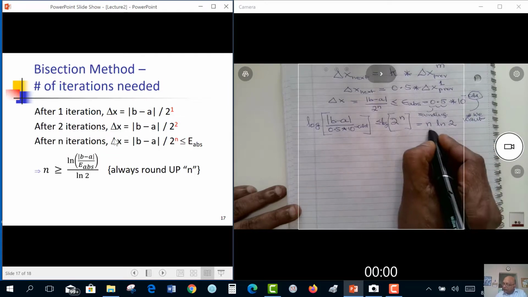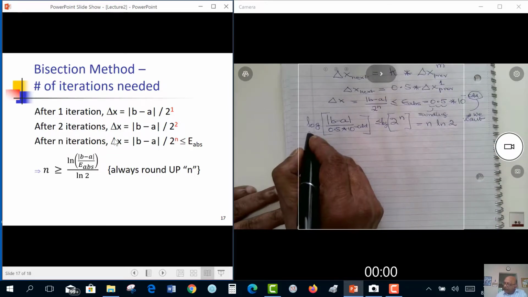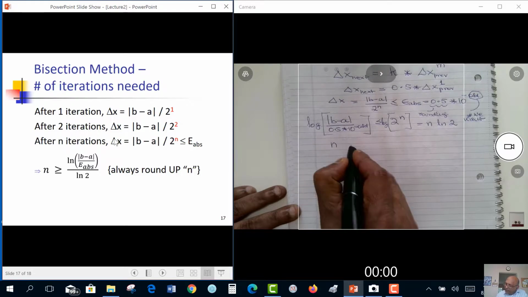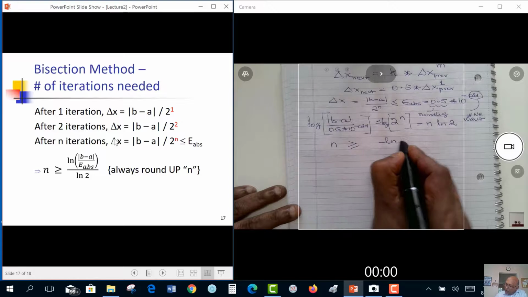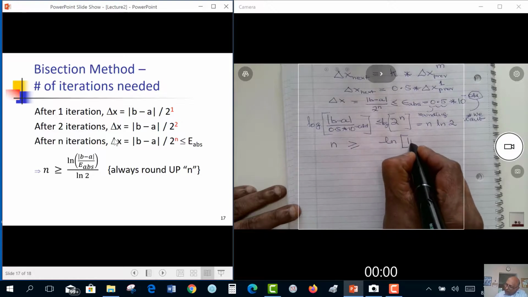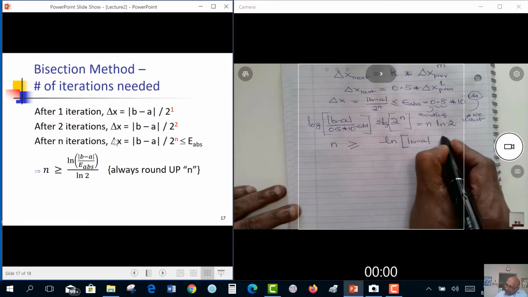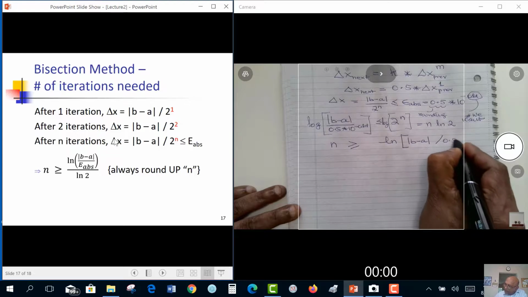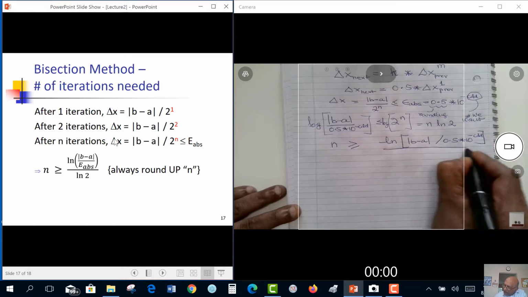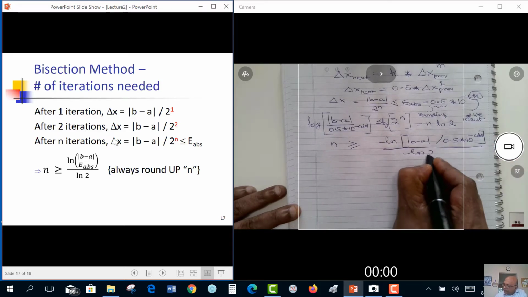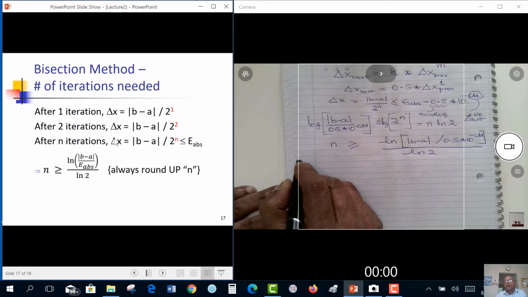So we can divide both sides by log 2. We rearrange, and we get n is greater than or equal to log of b minus a divided by 0.5 times 10 to the minus CDD, divided by log of 2. So that's our formula.